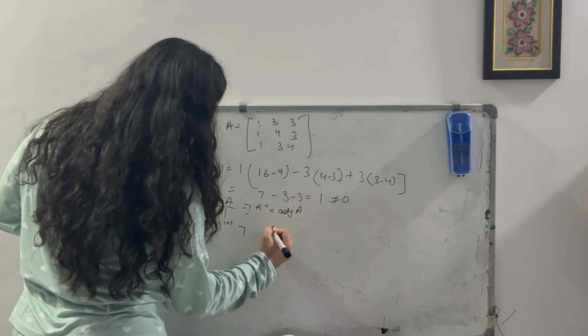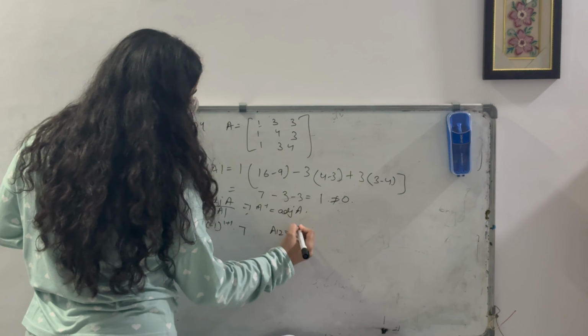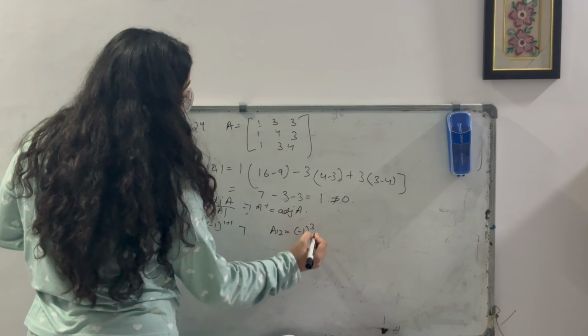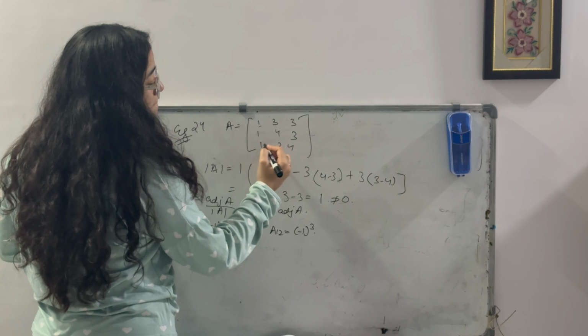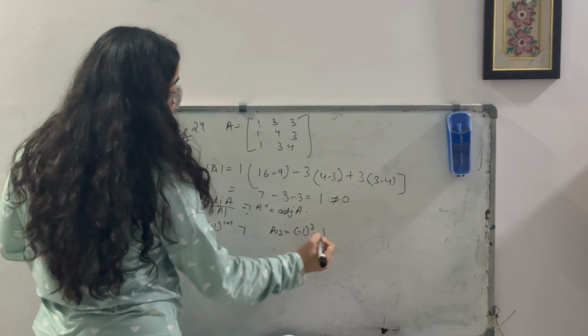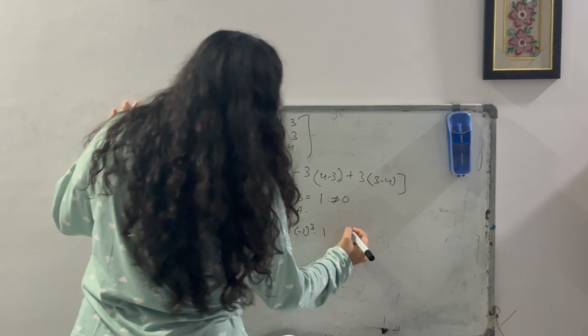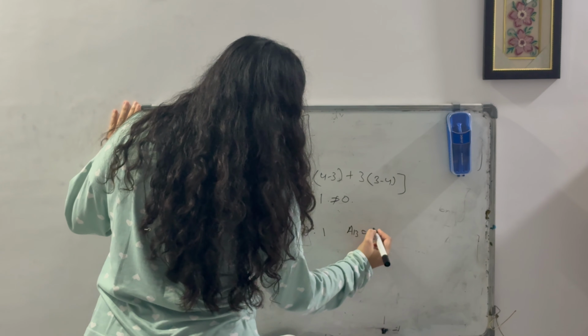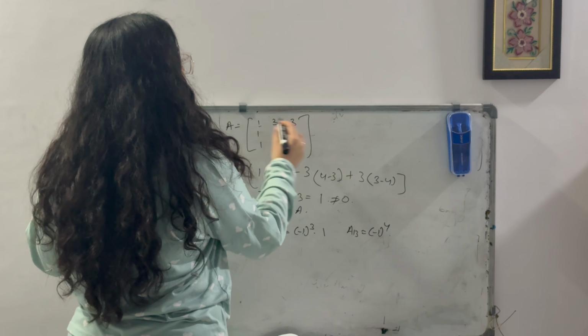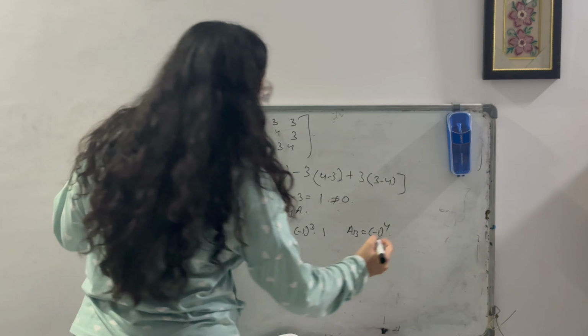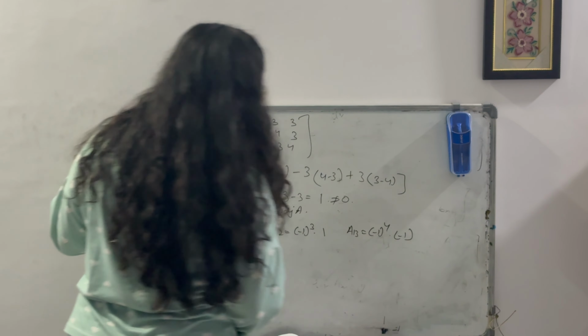Then what would A12 look like? Minus 1 to the power 3 into this gone and this gone. You have 4 minus 3, that is 1. A13 would look like minus 1 to the power 4 into this gone and this gone. 3 minus 4, which is minus 1.